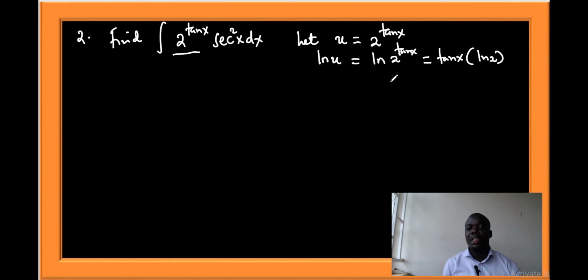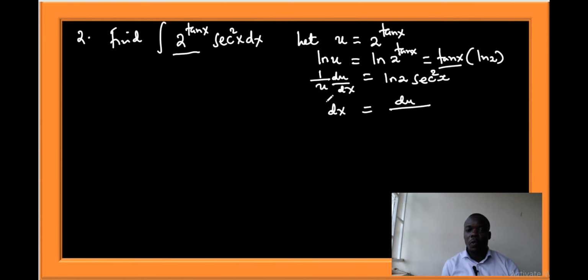Now, when you differentiate this function, you will get 1 over u du dx, giving us, on the right hand side, ln 2 is a constant, so maintain it. Differentiate tan x, you get sec squared of x. Make dx the subject. dx would now be du out of, I have a u here, so I will maintain it there. There is ln 2, there is sec squared of x. Go back and do the substitution.